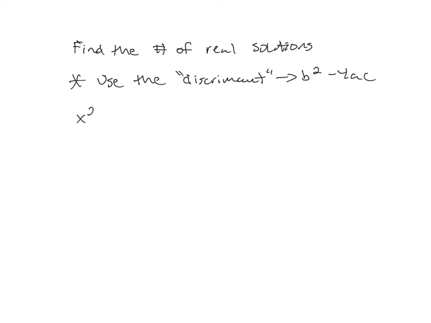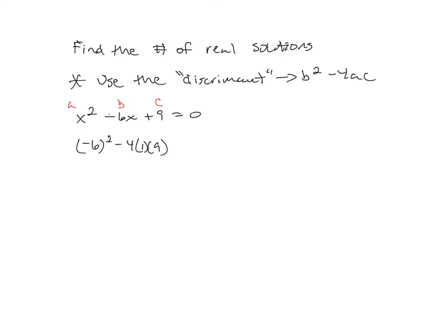So let's see if I get x squared minus 6x plus 9 equals 0. Okay, and I'm just doing b squared minus 4ac. So b squared, negative 6 squared, minus 4. Okay, remember the a, b, and c. So the a is 1, and the c is 9.